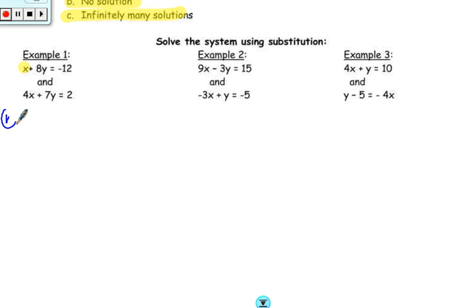Doing step 1 is to take that first equation, x plus 8y equals negative 12, and let's solve it for x. To get x by itself, we have to minus 8y on each side. That would leave me with x equals negative 8y minus 12. We cannot combine those like terms.